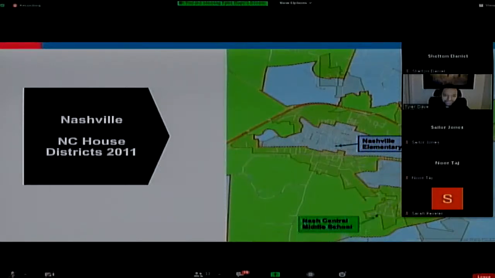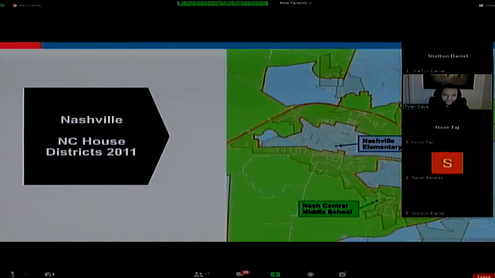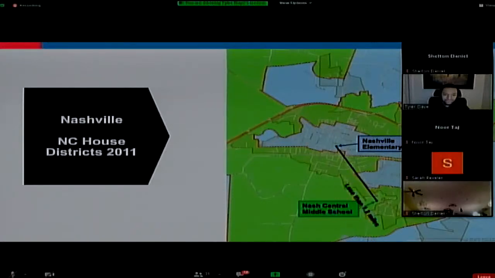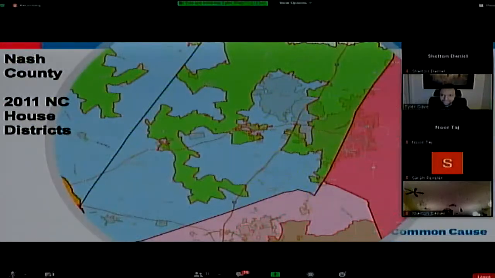And I'll also just point out here, Nashville Elementary, Nashville Central Middle School, separated by just less than 1.2 miles, but they were in different North Carolina House districts. Doesn't seem to make a lot of sense to me. And this is an overview of Nash County, so you can see what that looked like.